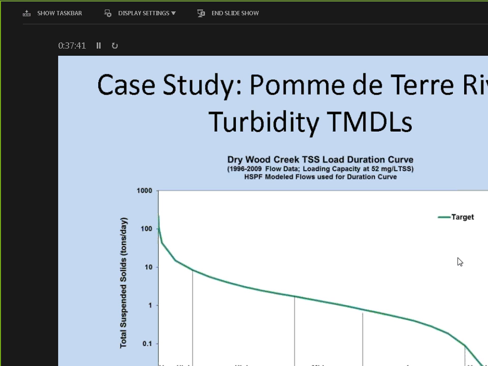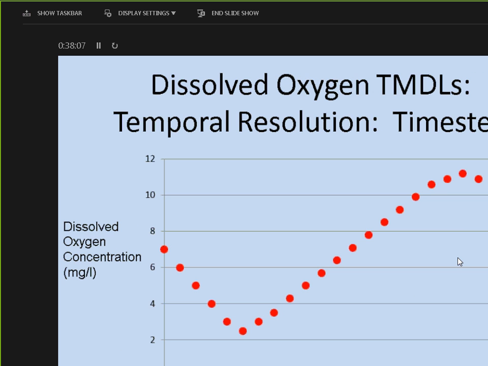She took the simulated flows from HSPF and the actual observed grab samples, and we were able to calculate both the current conditions and the pound reduction needed to meet the standard in all 5 of these flow zones. We had the grab samples already, but what we didn't have was flows, and that's what we used HSPF for, to develop the flow duration curve.